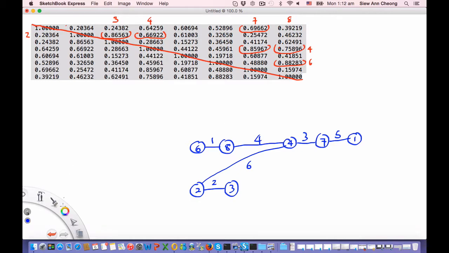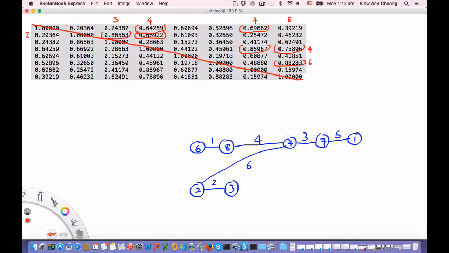After 0.669, what correlation should we pick up? There is 0.64, and there is 0.62. So 0.64 is the next largest. Where is it? Here. It is between 1 and 4.